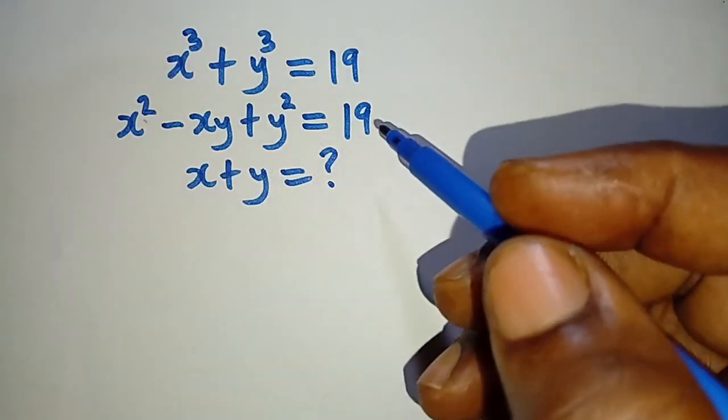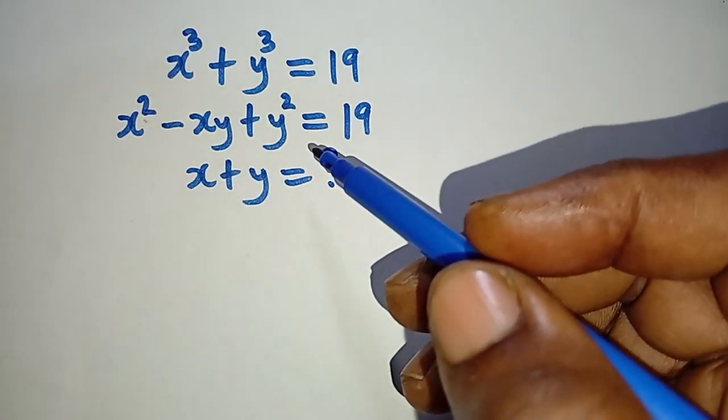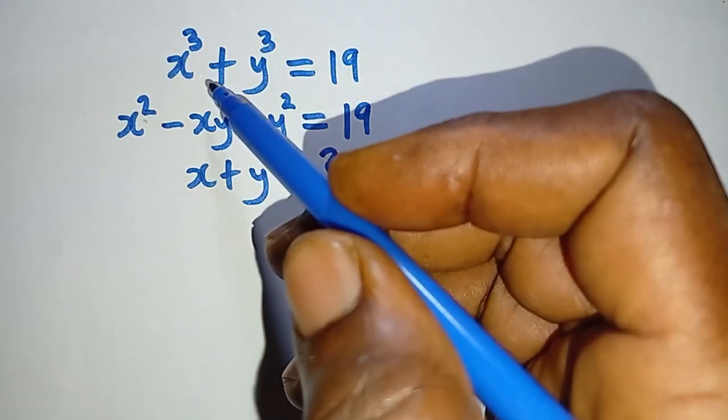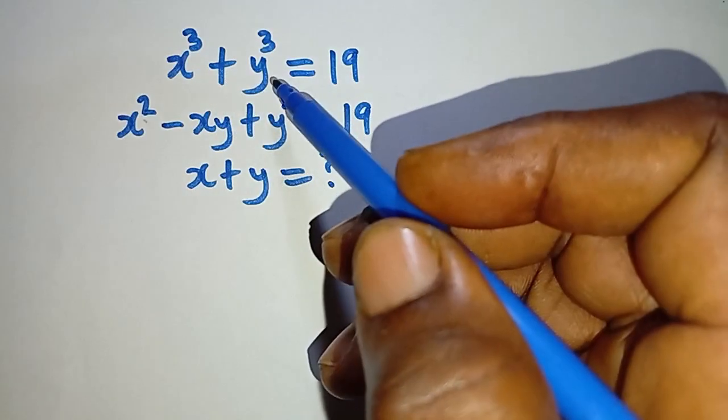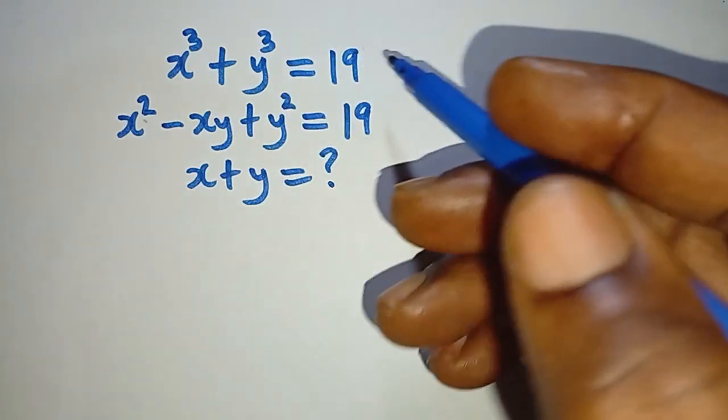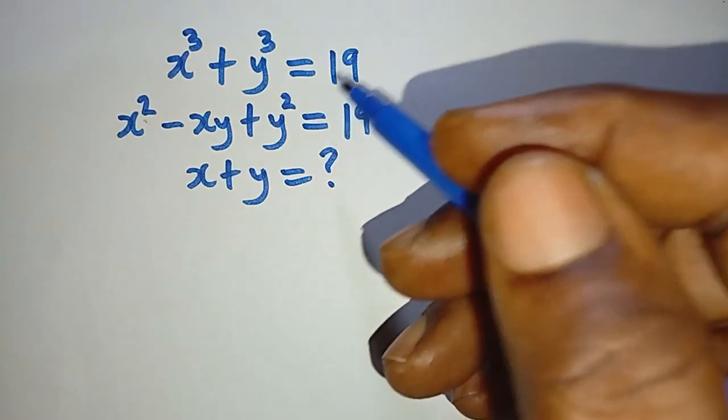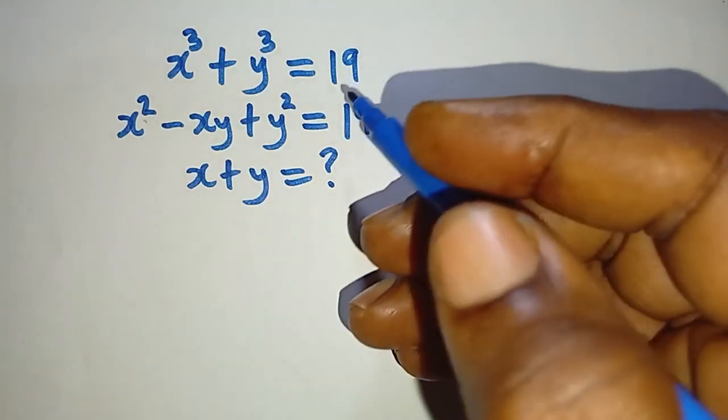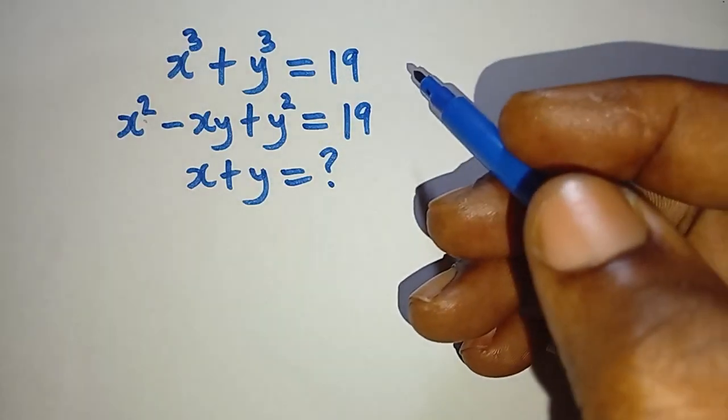Now, the first step we can take here is to look at x cubed plus y cubed and see how it can be broken down into probably formula form or factors.